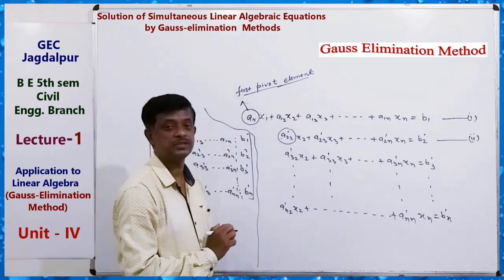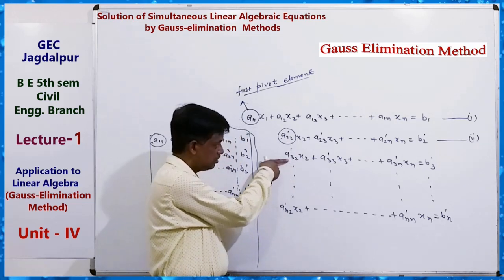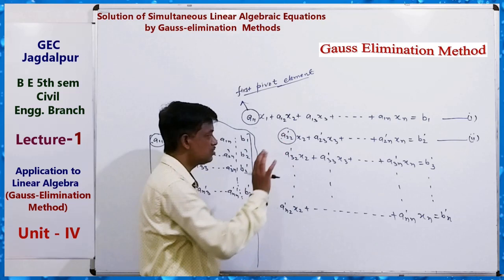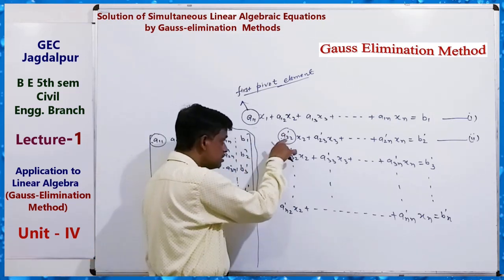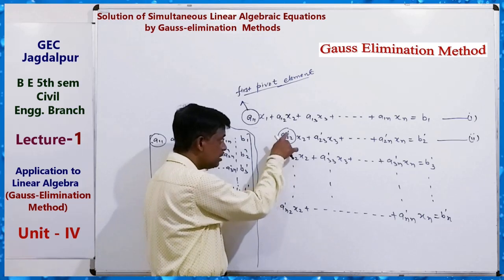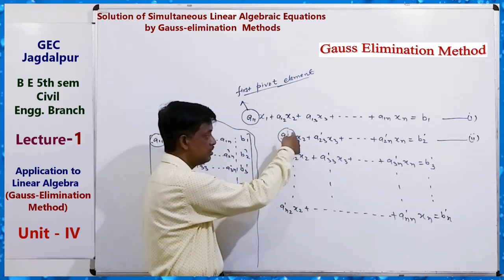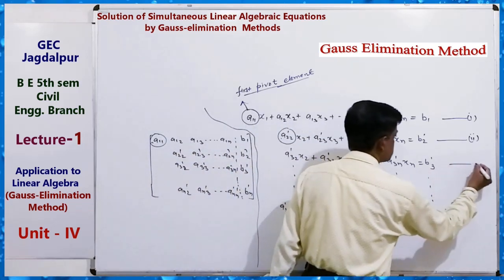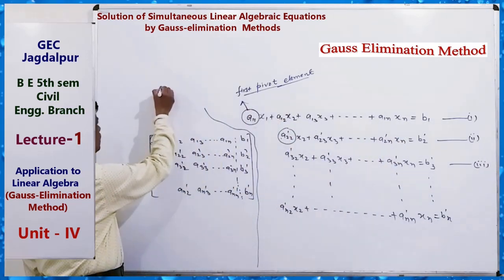Clear? That means by using this, you can make these 0, 0, 0, 0. How? If A22' is not equal to 0, a new constant, then by multiplying this by A32' by A22', so A22' cancels, and both are the same, you can subtract from the third equation. Apply what?